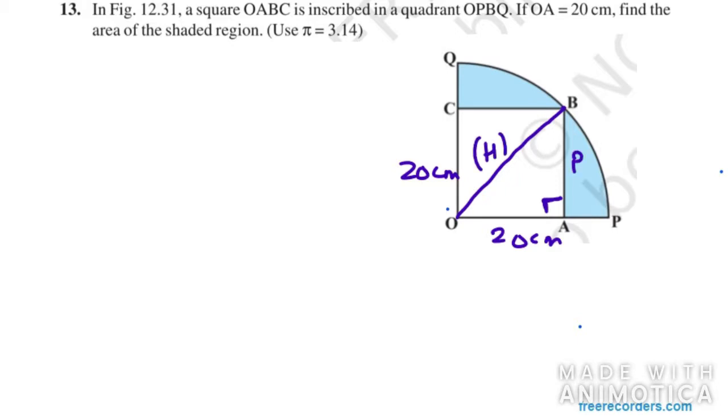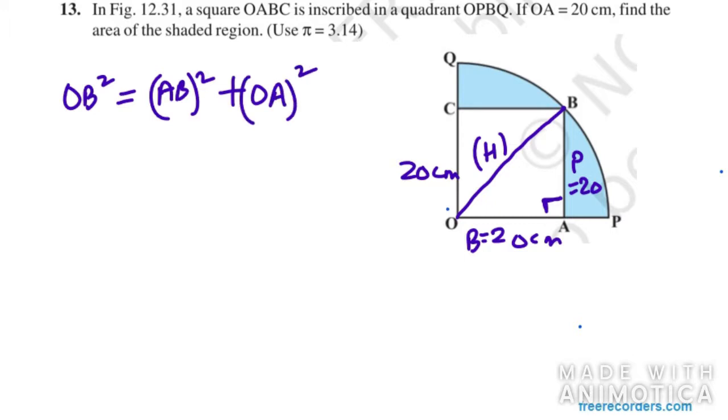We are given the perpendicular, that is 20. We are given the base, so we can find the hypotenuse in this case. So I will use Pythagoras theorem here. It will be OB square, that is hypotenuse square, equal to perpendicular square, that is AB square, plus OA square.